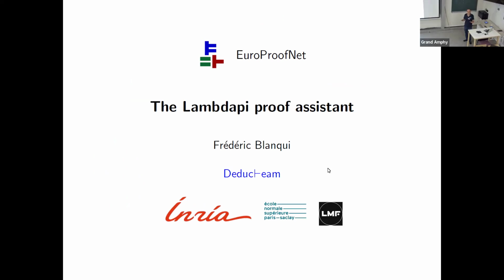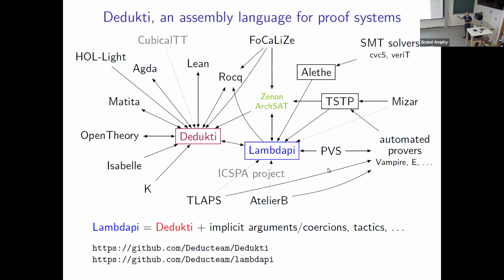That's it for theory, and for today we are going to move to more practical things. You remember yesterday I showed you this picture with Dedukti and Lambdapi. Dedukti is an implementation of the lambda pi calculus modulo rewriting, but it's a minimal one.